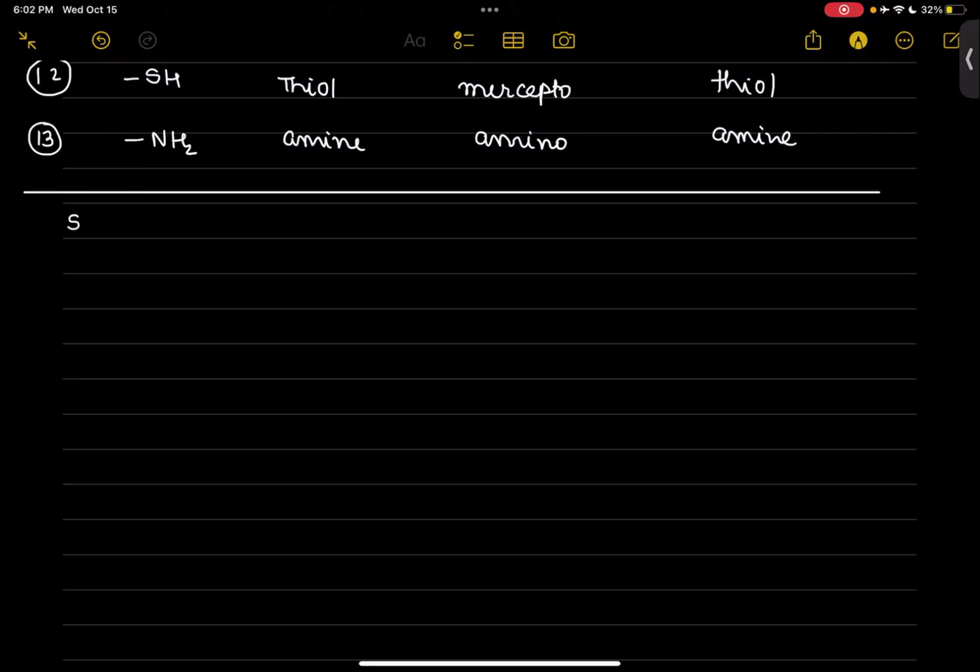There are some functional groups which are always written as prefixes, like halogens, ethers, nitro compounds.